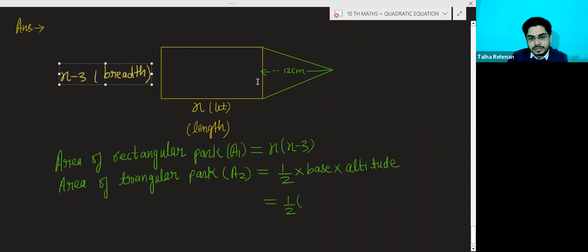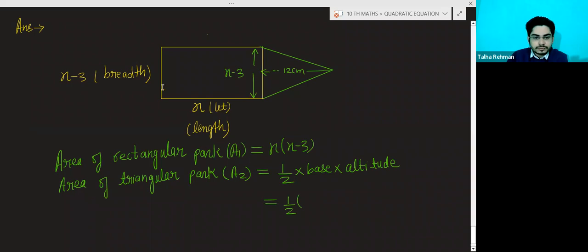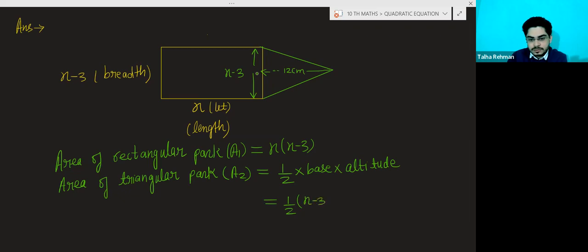So this will be the base, x minus 3. So the distance will be x minus 3, because opposite sides of the rectangle are equal. So half into base, that is x minus 3, multiplied by altitude. Altitude is 12.